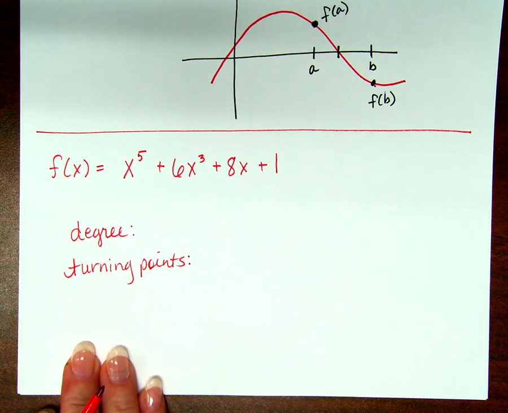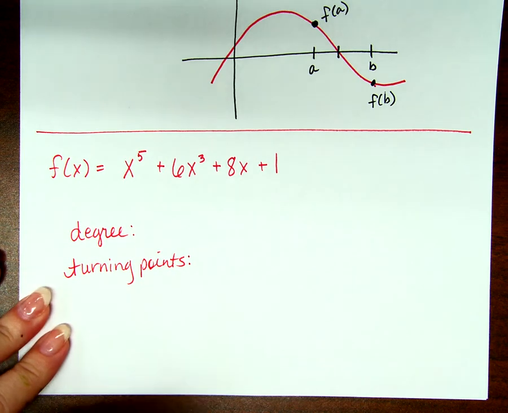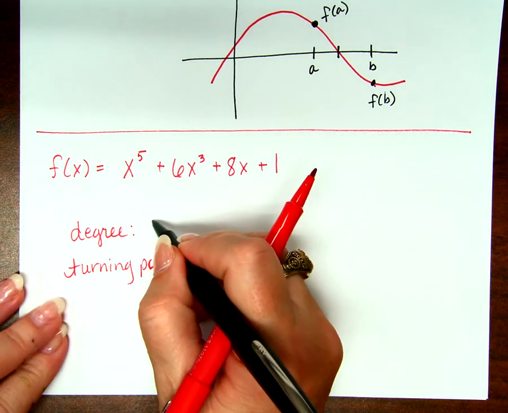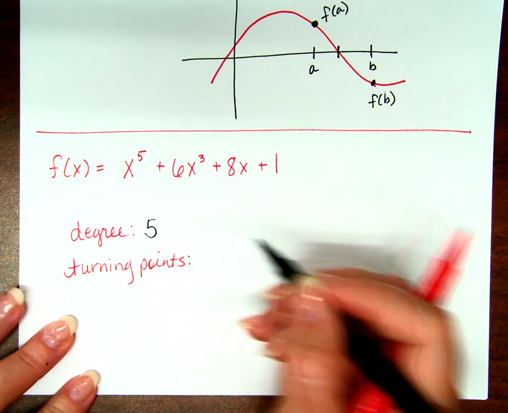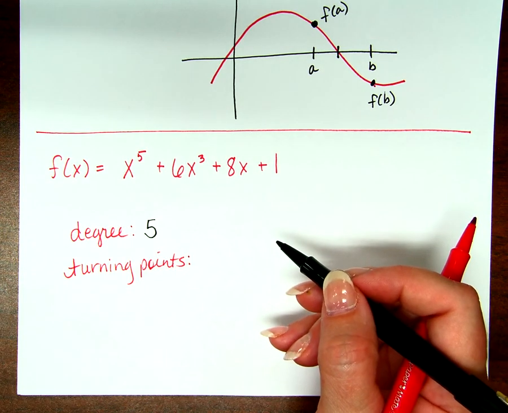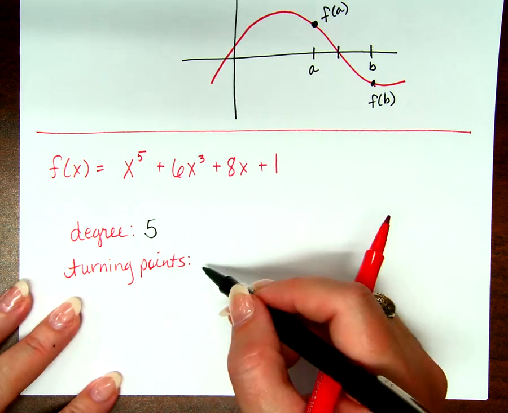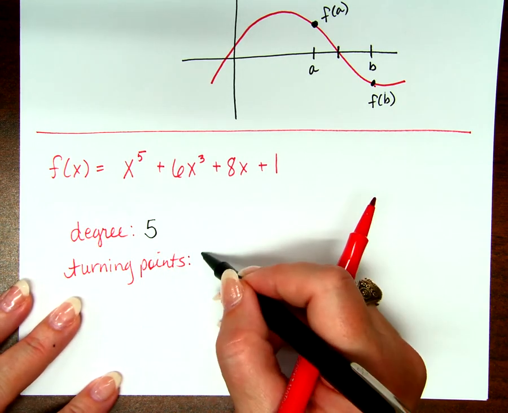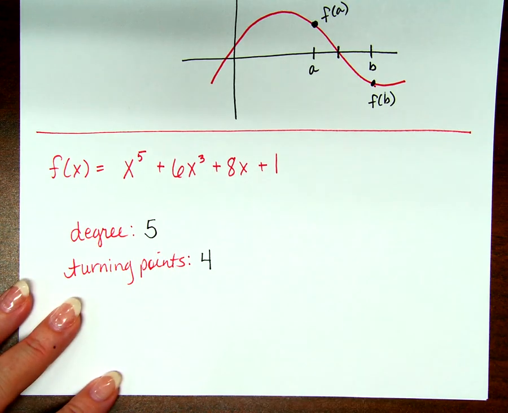So first of all, on this particular problem, can you tell me what the degree is? 5, because the degree is the highest exponent, right? Do you remember from Algebra 2, if your degree is 5, how many times it turns? 1 less. At least 1 less. It might be more.